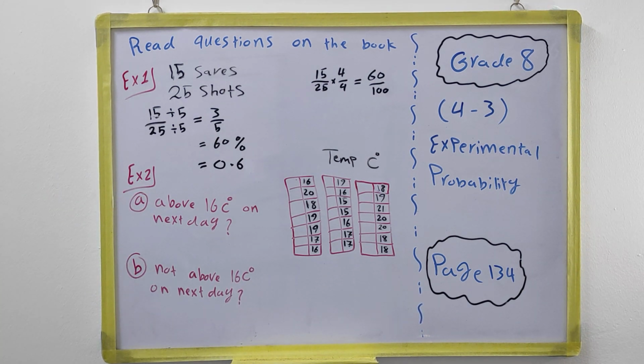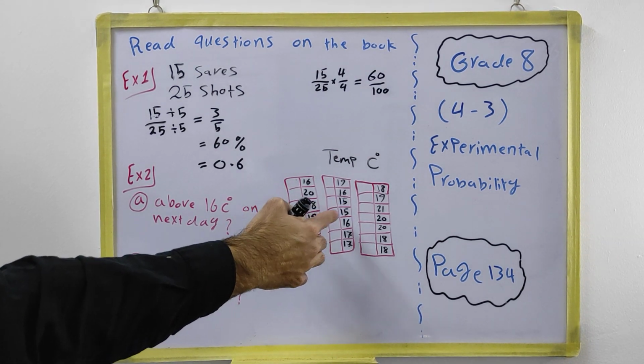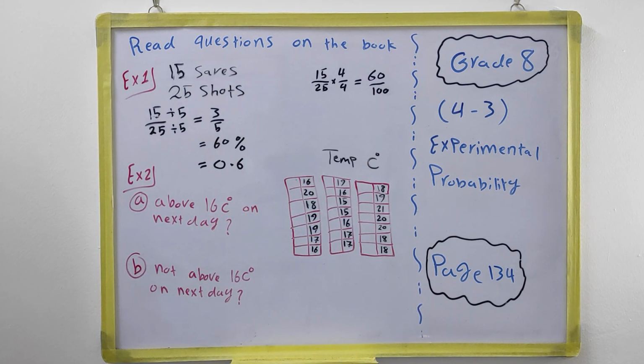The other one, in example 2, we have another experiment which tells you for the past 3 weeks Umid has been recording the daily high temperatures for a science project. His results are shown in the table. Temperature in 3 weeks, I wrote it for you here.